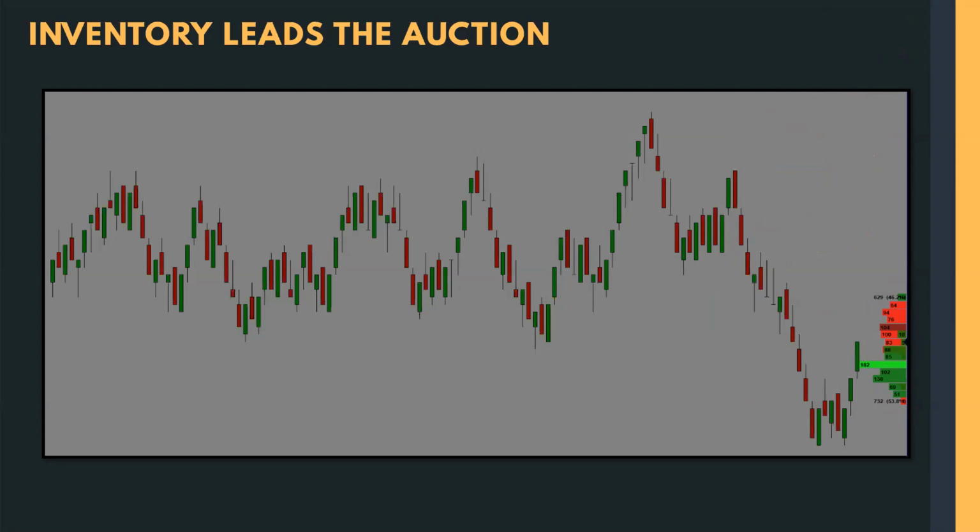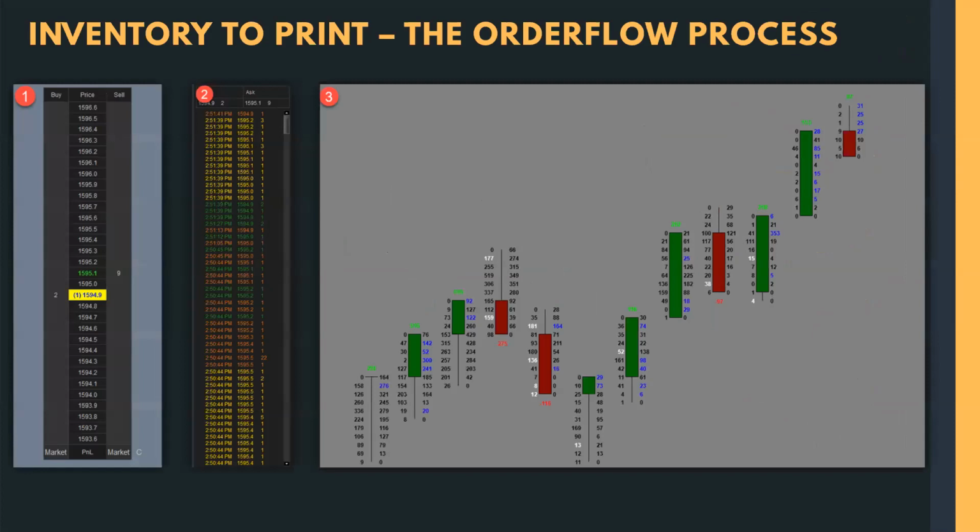And so when that happens, this is a breakdown of the process. So level 1, level 2, or depth of market is here. Now you'll notice that I only have one number in here. That's because that is only level 1 data.